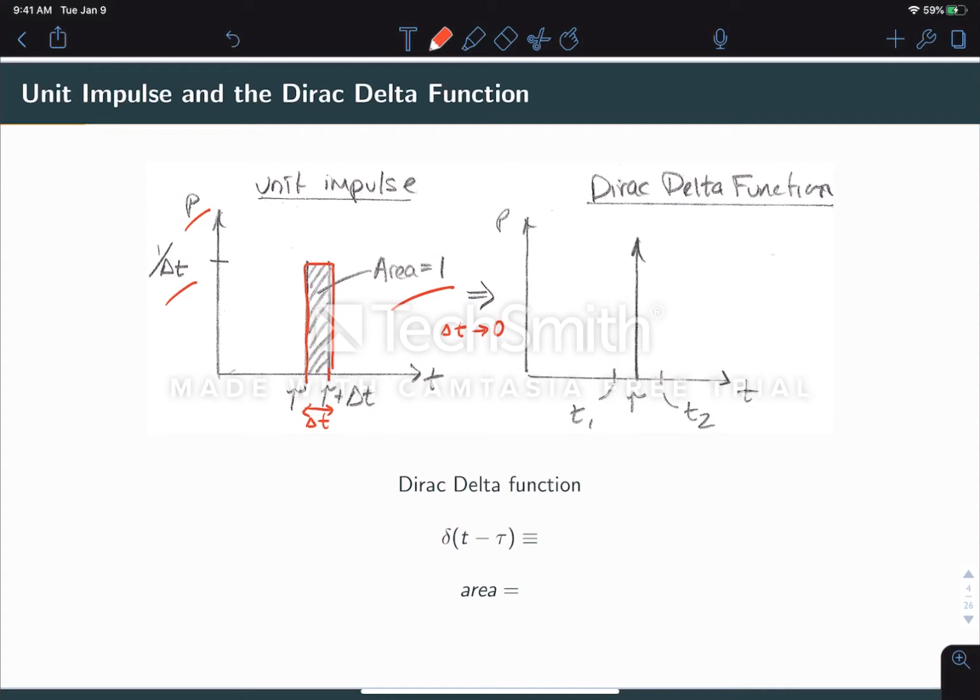So as delta t approaches 0, that impulse gets squeezed, and so we end up denoting that as essentially an instantaneous pulse at time tau. Now this pulse is, of course, approaching infinity as delta t approaches 0. Keep in mind that the function is defined everywhere else as well, where it takes on the value of 0.